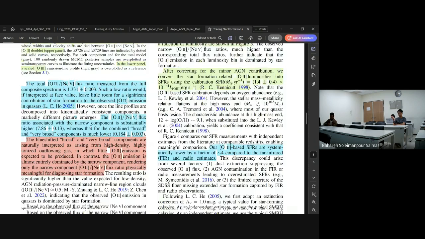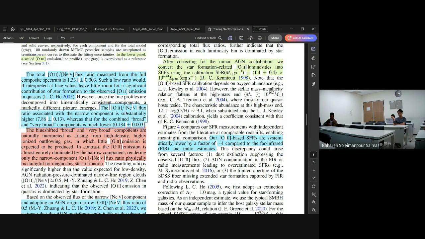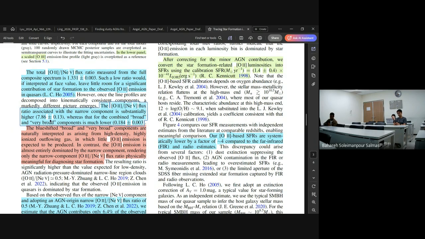Here they have the results. The O2 and Neon flux ratio associated with the narrow component is substantially high at 7.86, whereas the broad component, or the very broad component, is much lower, at 0.18. So when they separated the narrow components from the broad components, they saw that the narrow components have a lot more O2, and O2 is usually a tracer for star formation.